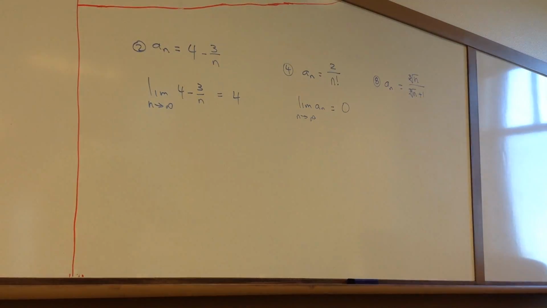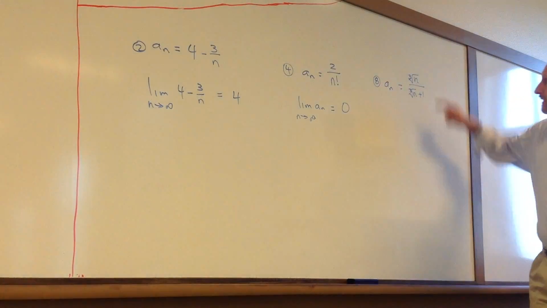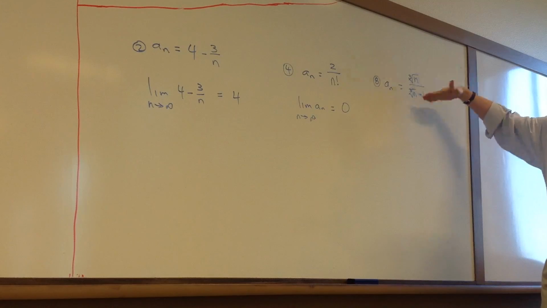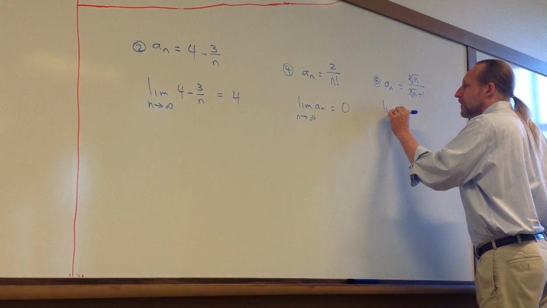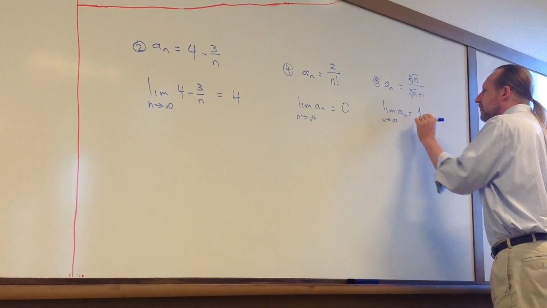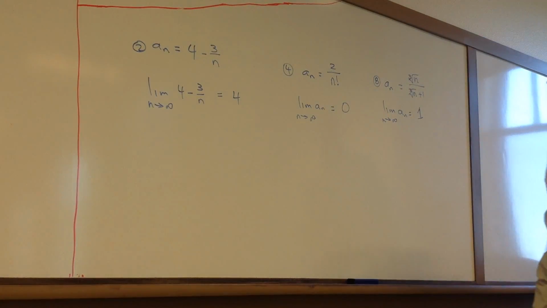And although this may not look like it, these are powers of n. This is n to the 1/3 power, and this is n to the 1/3 power. So we've got the same power of the variable in the numerator and denominator, and so the limit as the variable goes to infinity will be the ratio of the coefficients, which in this case is 1 and 1. Okay.